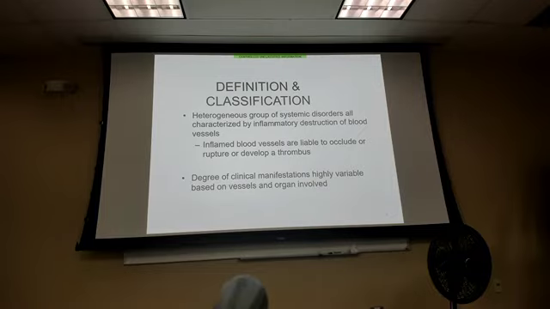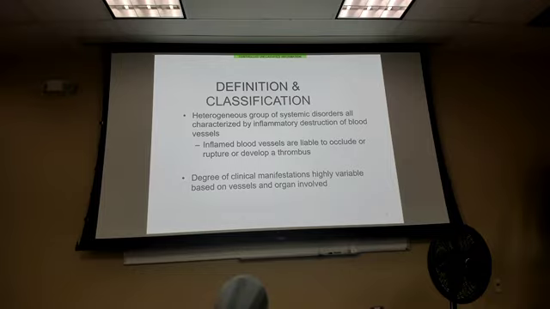They are all characterized by inflammatory destruction of the blood vessels. So we've got inflamed blood vessels that are liable to occlude or rupture or develop thrombosis. So this is the reason why we want to prevent that progression.